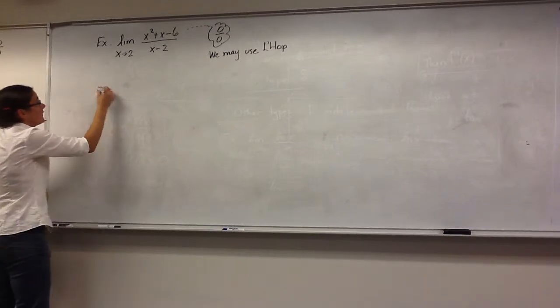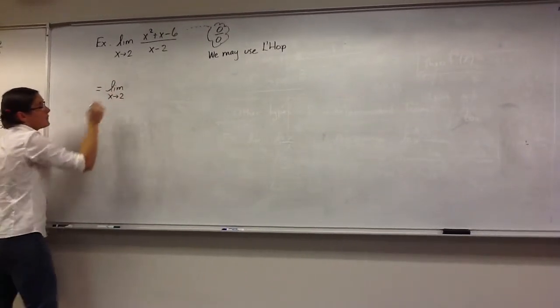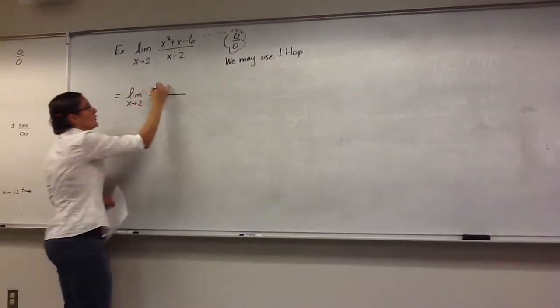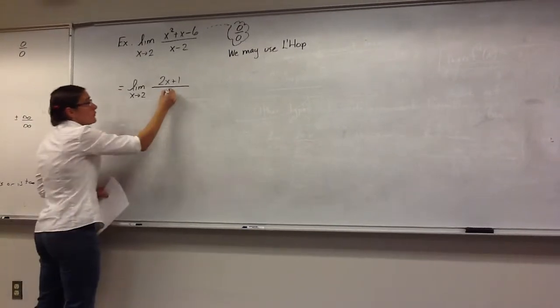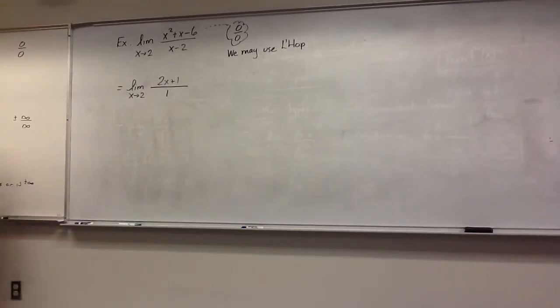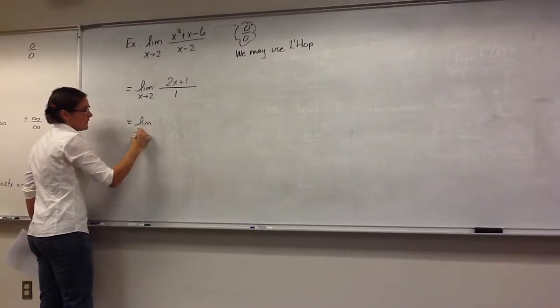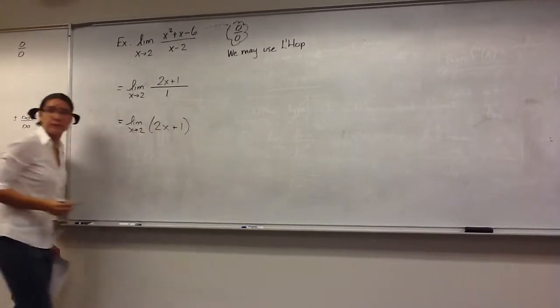All right, now L'Hopital says that the limit of my original function is exactly the same as if I take the derivative on the top, 2x plus 1, and the derivative on the bottom, which is 1. Now if I simplify this limit, I've got the limit as x approaches 2 of 2x plus 1.